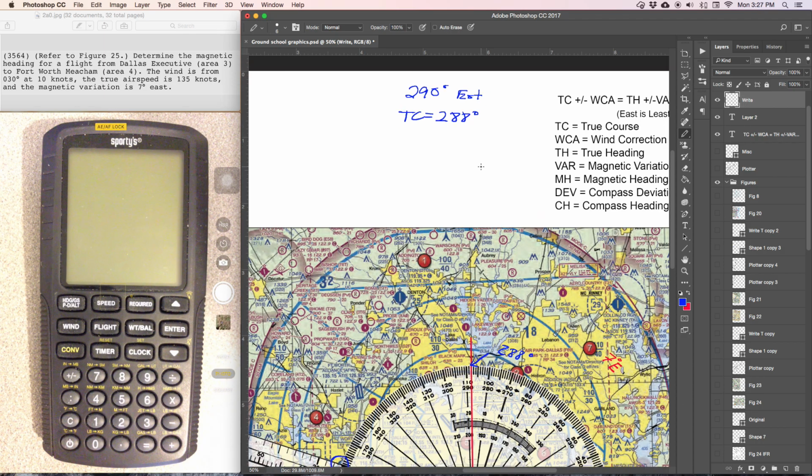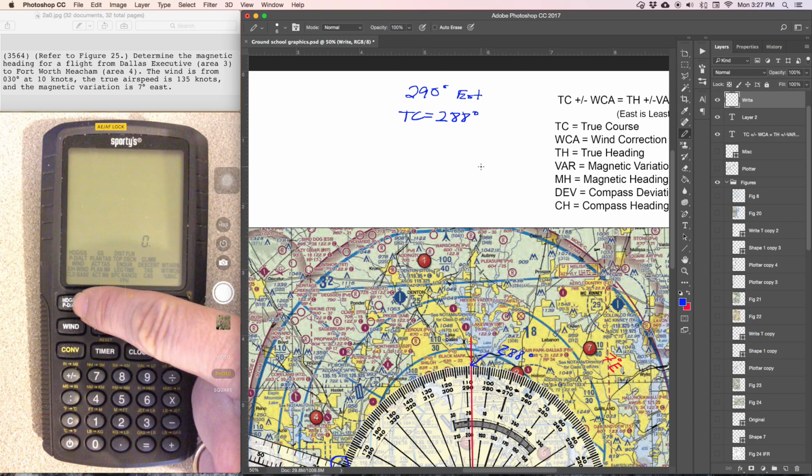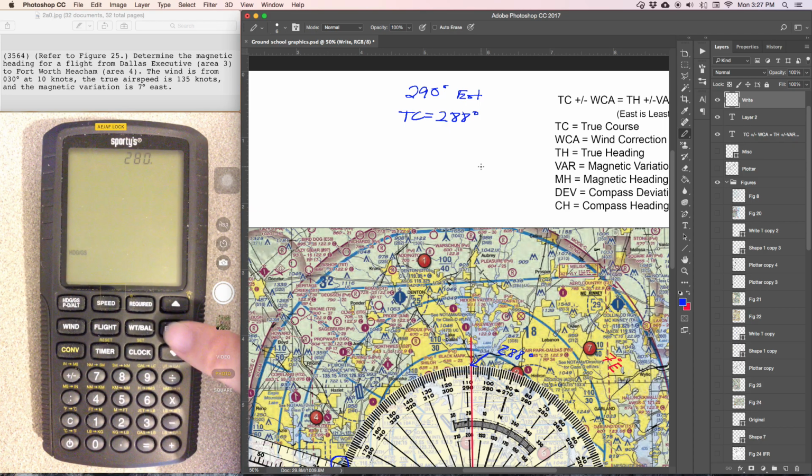Now we need to adjust for the wind. I'm going to go over to the E6B, and go into the headings and ground speed function. First, I'm going to enter the winds. Winds are 30 at 10 knots. Our course is 288, and airspeed is 135 knots.